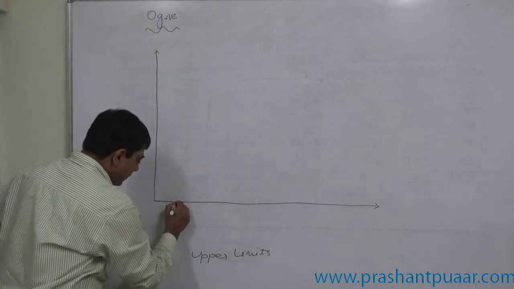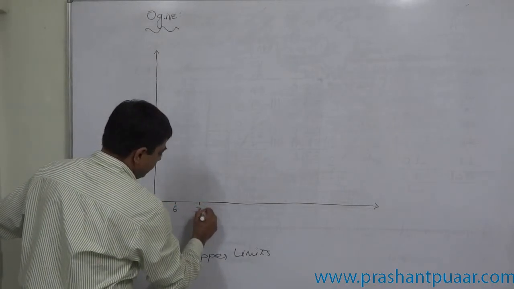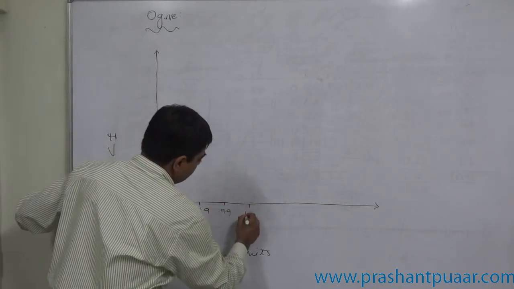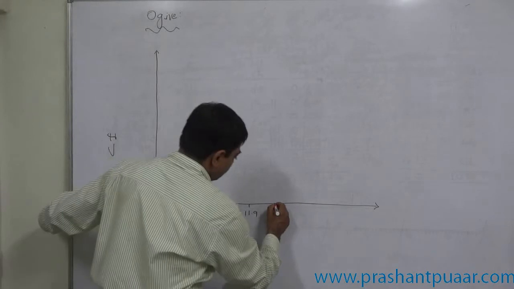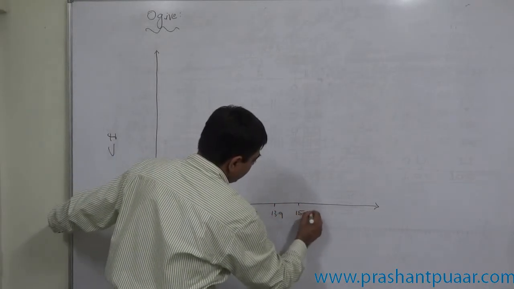We will write the first lower limit only, 6, and then all upper limits, 7.9, 9.9, 11.9, 13.9, and the last is 15.9.